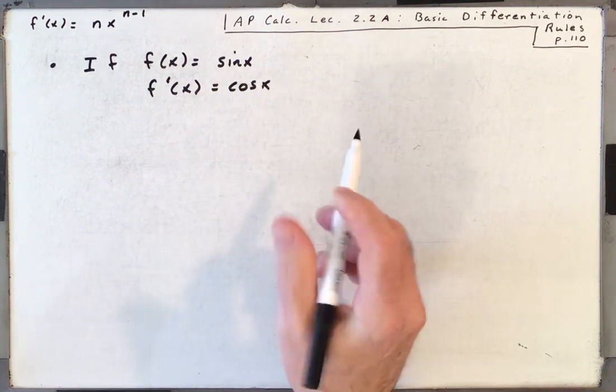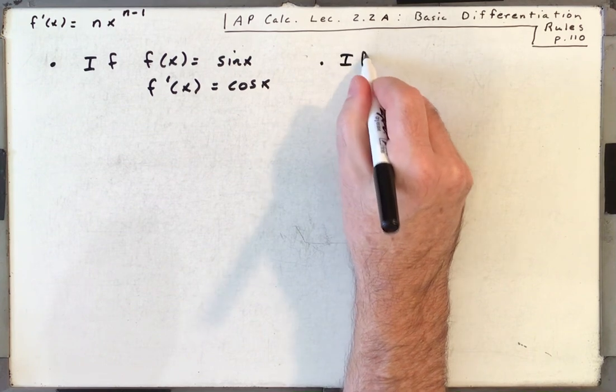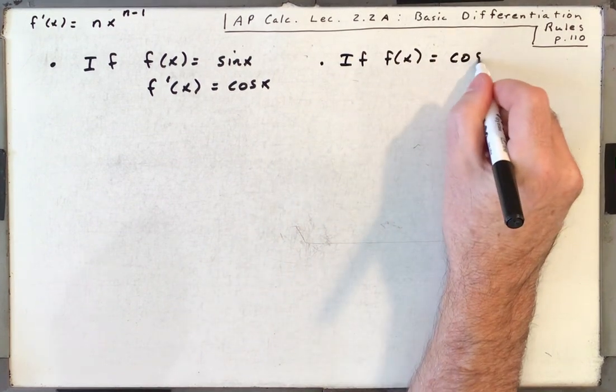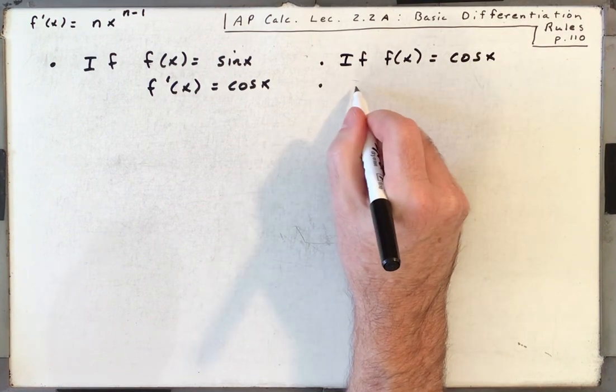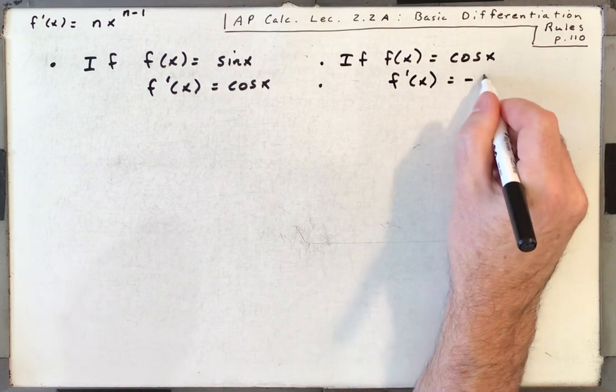So the derivative of sine is cosine. And if f of x equals cosine x, f prime of x is equal to negative sine x.